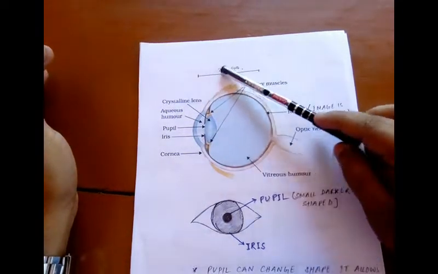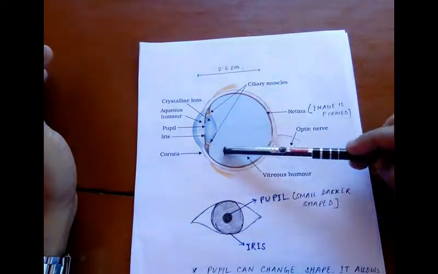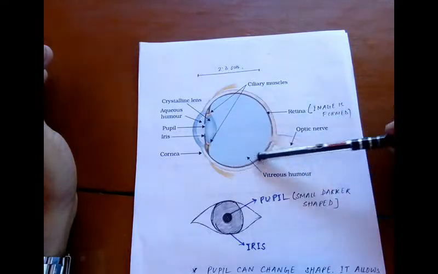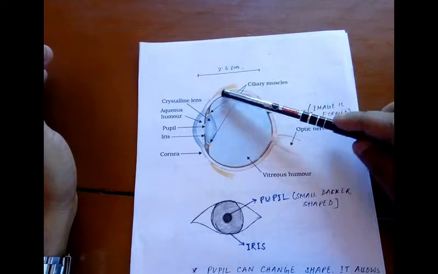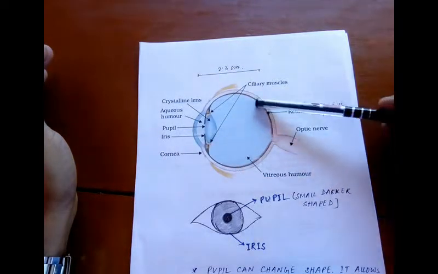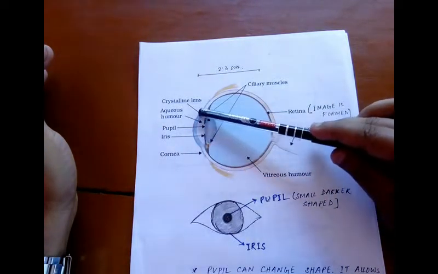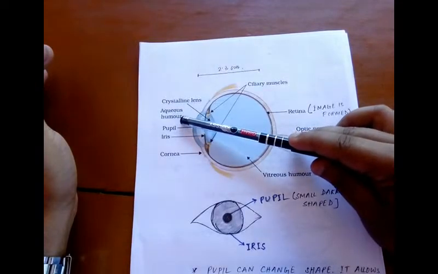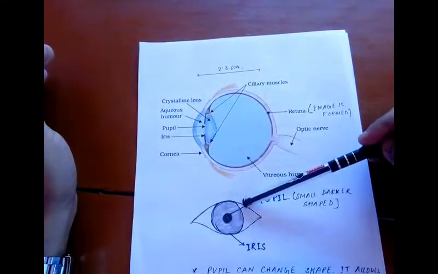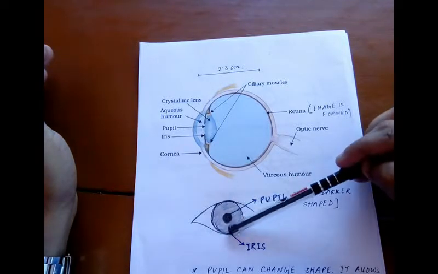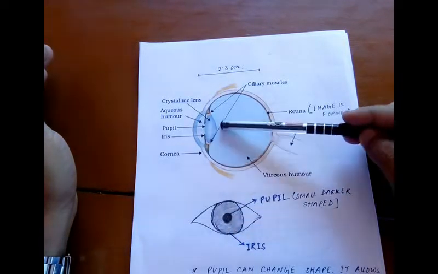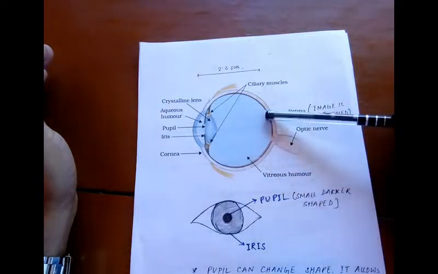The eyeball is about 2.3 centimeter in diameter. And these are the different components of the eye: the crystalline lens, aqueous humor, and always remember that the light enters through the pupil, and the shape of the pupil is controlled by the iris, and always a real but inverted image is formed in the retina.